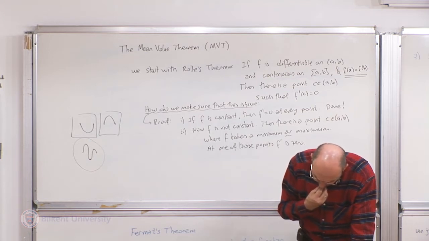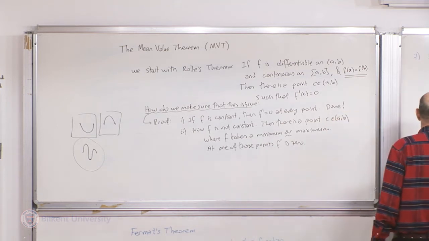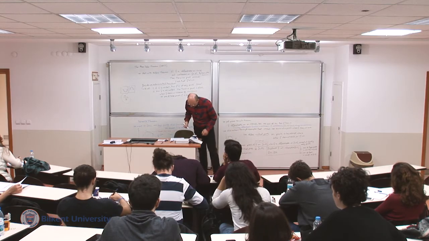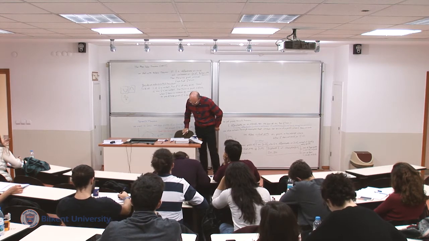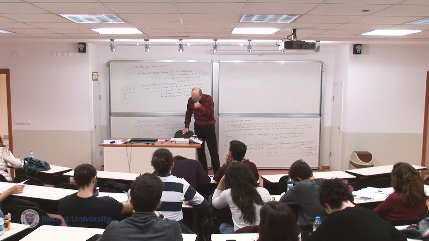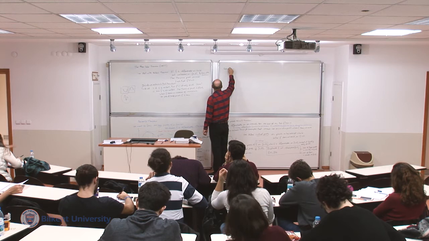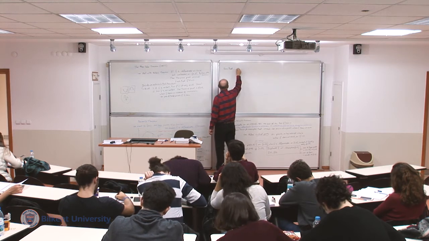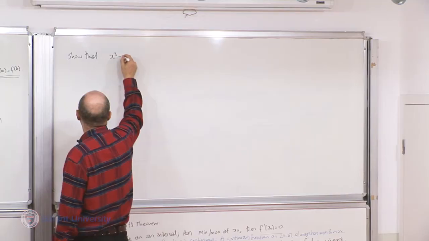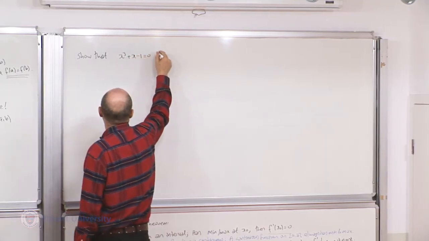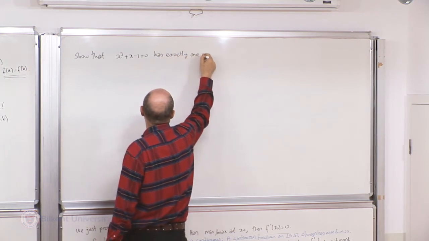Let's do example 2 in the book. It says, show that the equation x cubed plus x minus 1 equals 0 has exactly one real root.